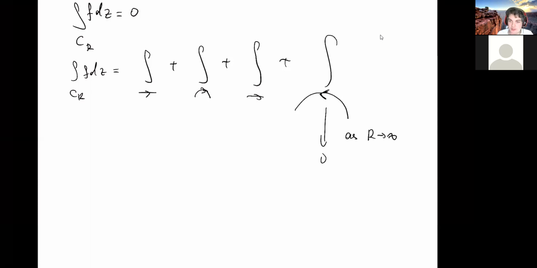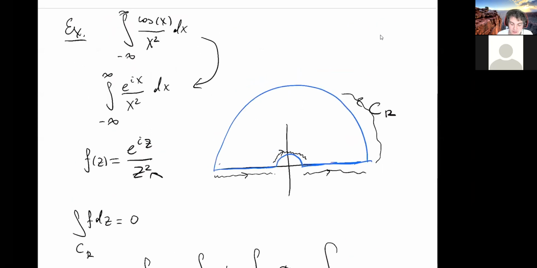That's the Jordan's lemma. Let's recall, what does the Jordan lemma tell us? It tells us that if we have the exponential times something small, then the integral will go to 0. Okay, and we do have the exponential times something small.